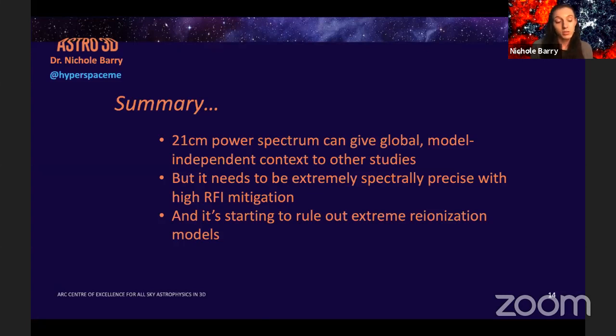This might just be a one-off measurement using our best frequency band, so that would be a measurement of 1 redshift. It would kind of just give a benchmark for the SKA, I would say, and that's what we're hoping for at the moment. And of course, with the SKA, we would hope to go even further, maybe even one day image the 21 centimeter signal.